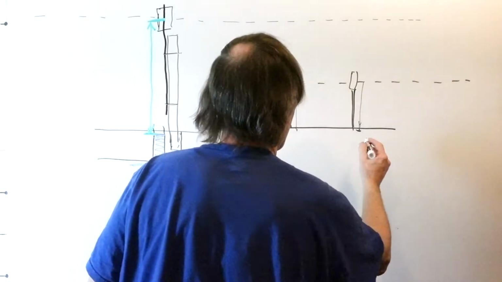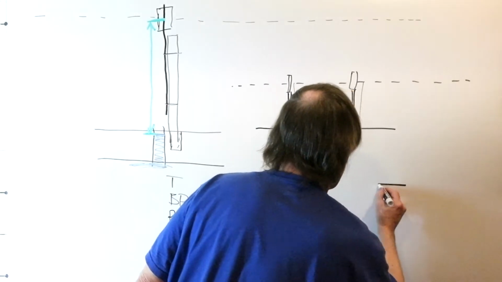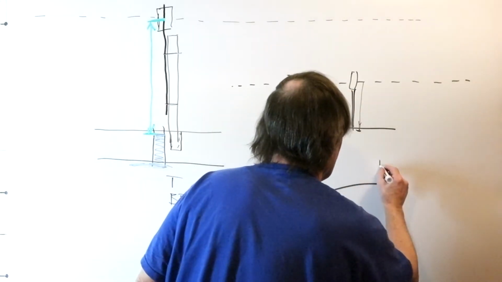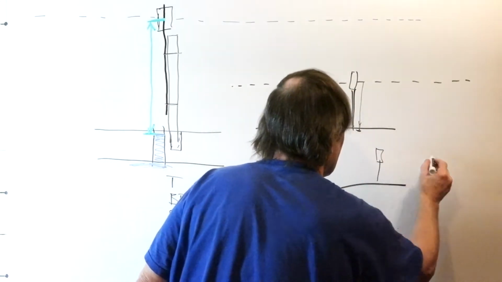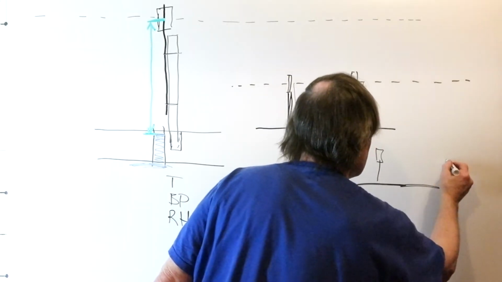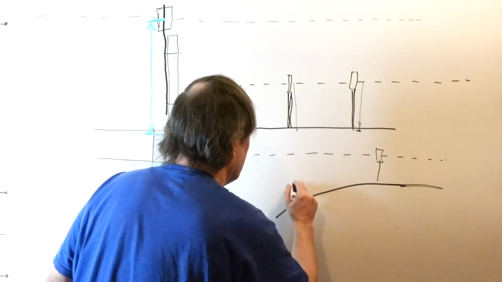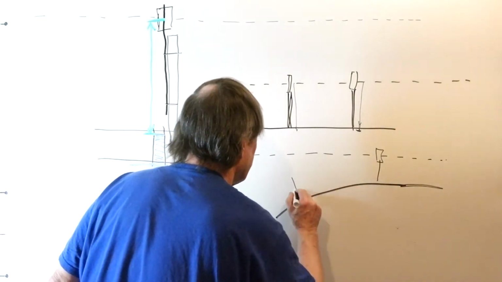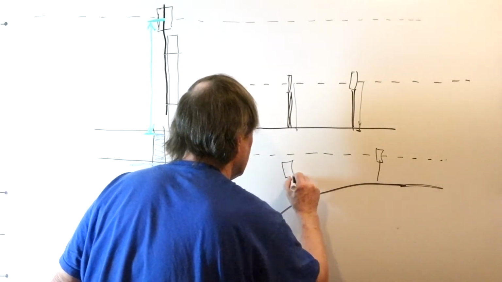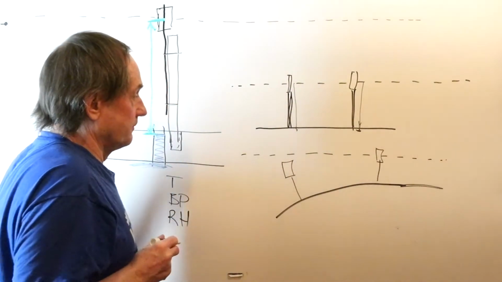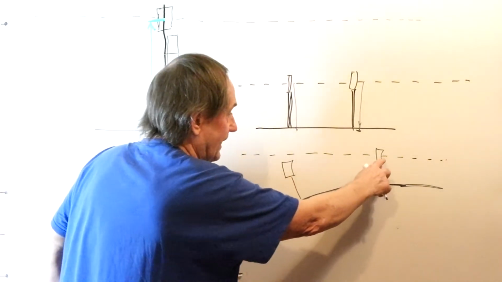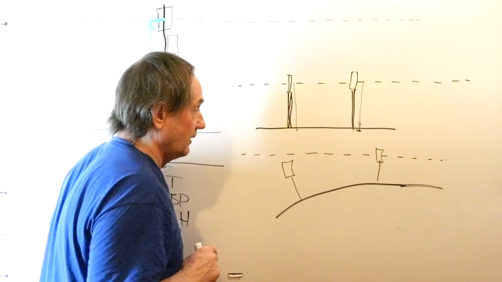If the Earth is curved, then if we're back here and we shoot our tangent line, by the time we get out several miles, this target, if it were at the same height as this target, would be below.